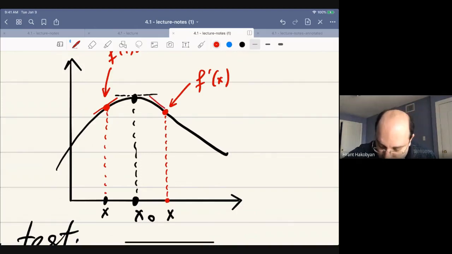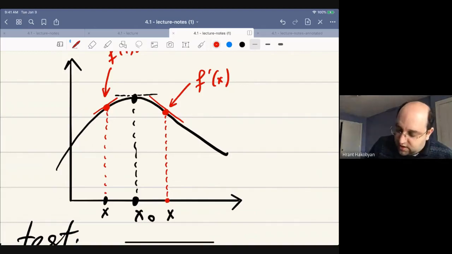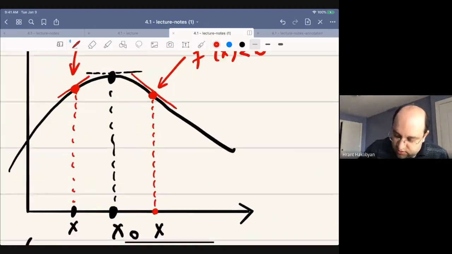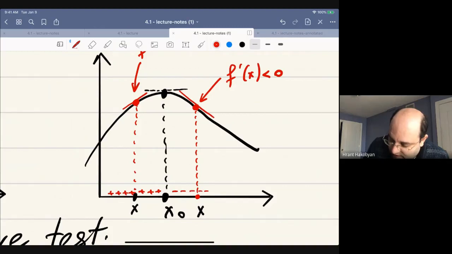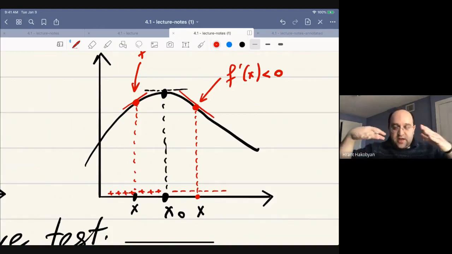The tangent line is that one there. So the derivative is less than 0. What does this mean? It means that to the left of x naught, my derivative is going to be positive, and to the right of x naught, the derivative is going to be negative. That's basically saying that the function is first going up and then it's going down.